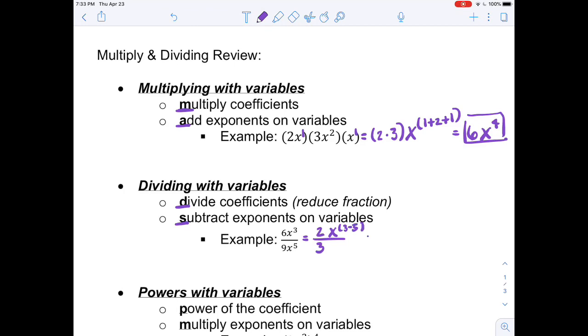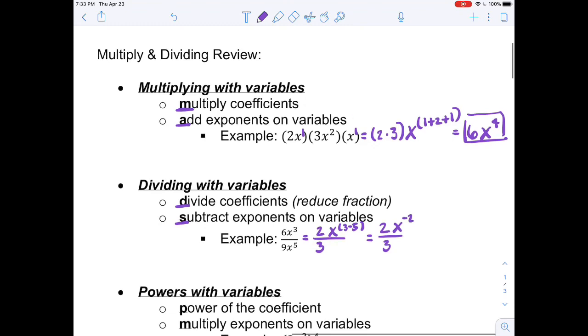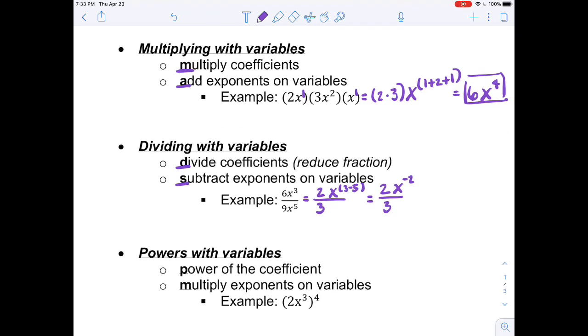All right, so let's continue from here. We have 2 over 3 and x to the negative 2 power. But we don't want to leave it as a negative 2. Remember that when we have a negative, we can get rid of the negative and change it to a positive by taking the reciprocal. So let's do that. And it's only the reciprocal of the variable part. So we're going to be left with 3 on the bottom with an x squared.